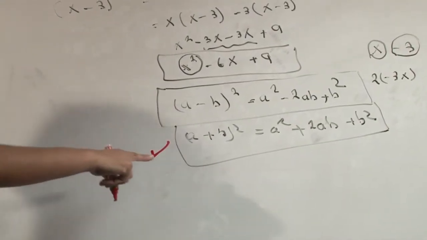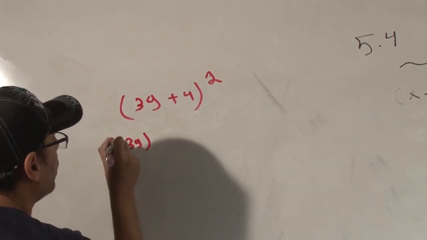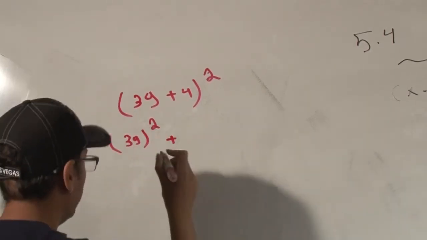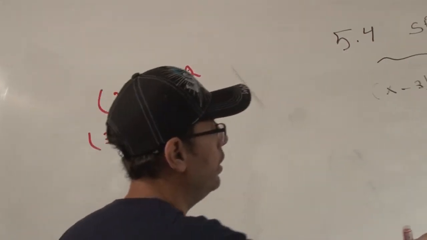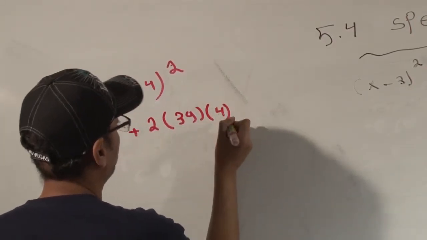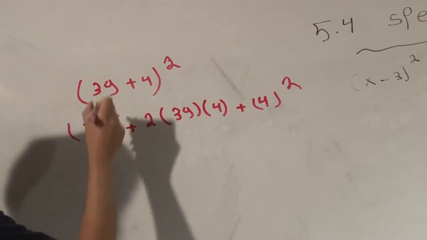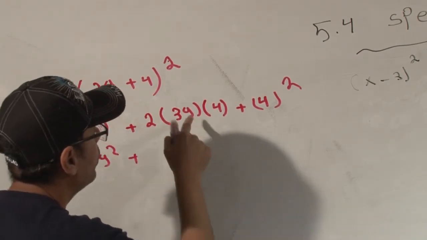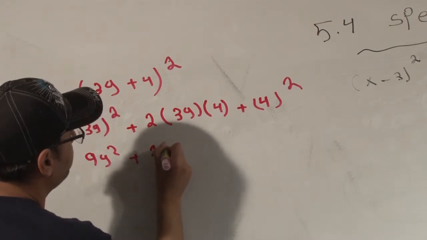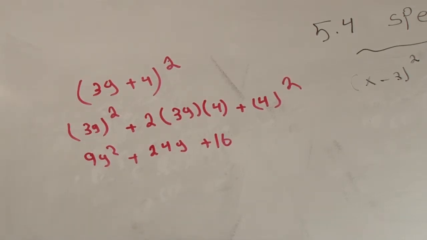All right, what is a? a is 3y, so I would say 3y squared, plus 2 times a, which is 3y, and b is 4, plus b squared, 4 squared. 3y squared is 9y squared, plus 3 times 4 is 12, times 2 is 24y, plus 16. Isn't it easier than the first one? Yeah.